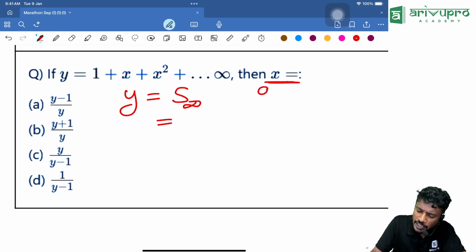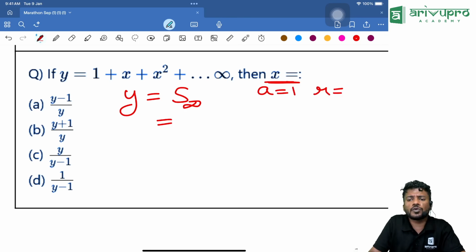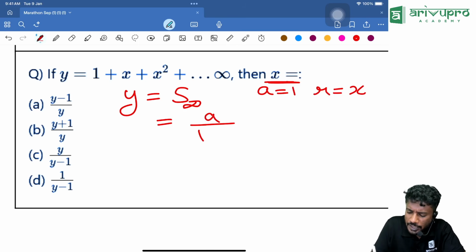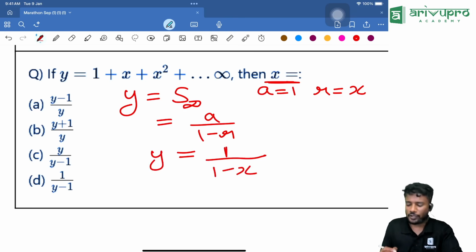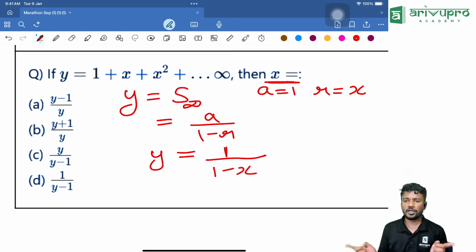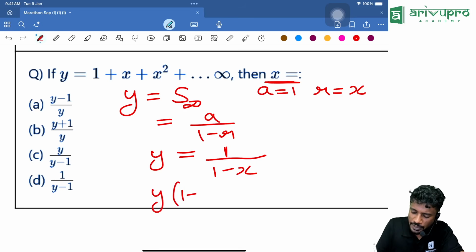According to our question, A is equal to 1, R is equal to X. Then S infinity is A by 1 minus R, which is equal to 1 divided by 1 minus X. So Y is equal to this much. Am I right? Now cross multiply and give me the answer of X. So Y into 1 minus X is equal to 1.